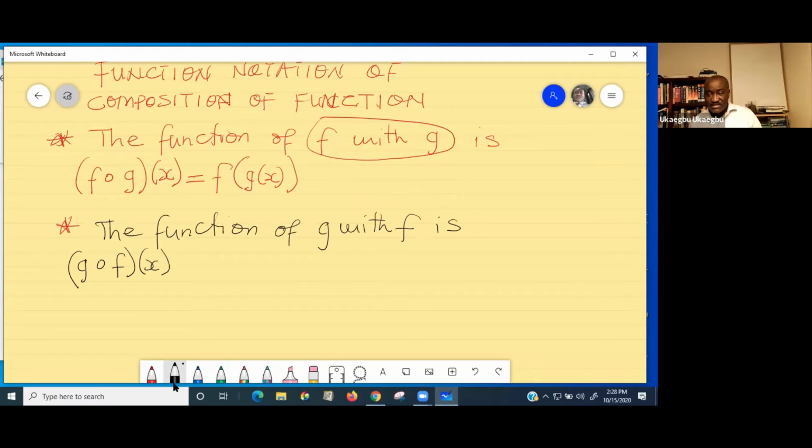What that means is use the value of f and substitute it into the value of g, which is g, open a big parenthesis, f of x, and then close the parenthesis.